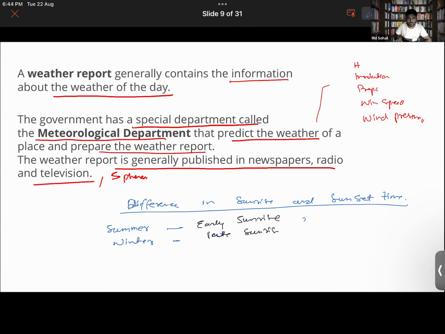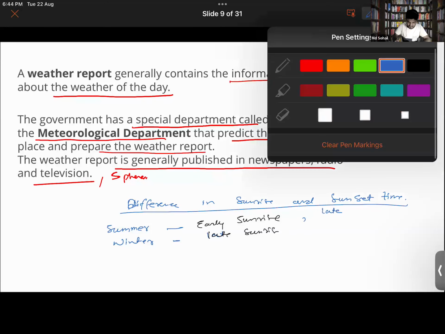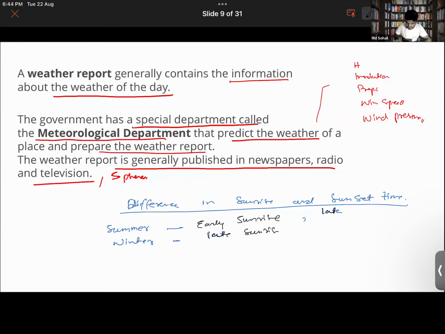In summer, it's late sunset, and in winter it's early sunset. Okay. Late sunset in summer, while it is early sunset in winter. That's why we get to see that days are longer in summer.